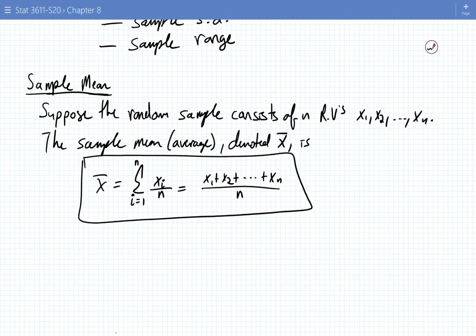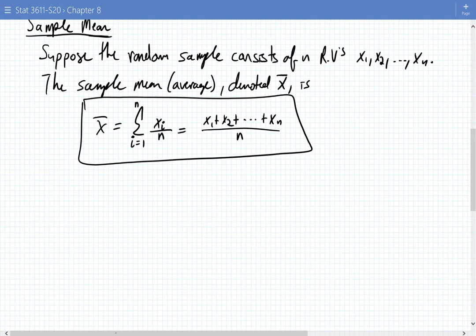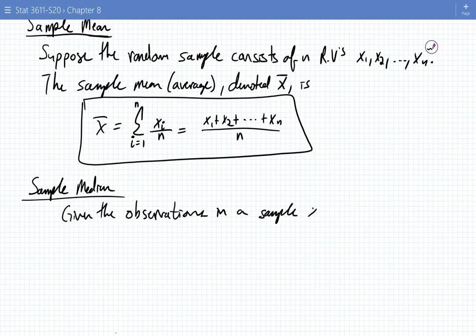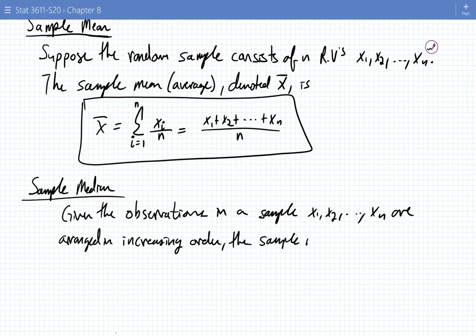Sample median. Given the observations in a sample, x1, x2, and so on up to xn, are arranged in increasing order, or ascending order, the sample median is calculated as follows.